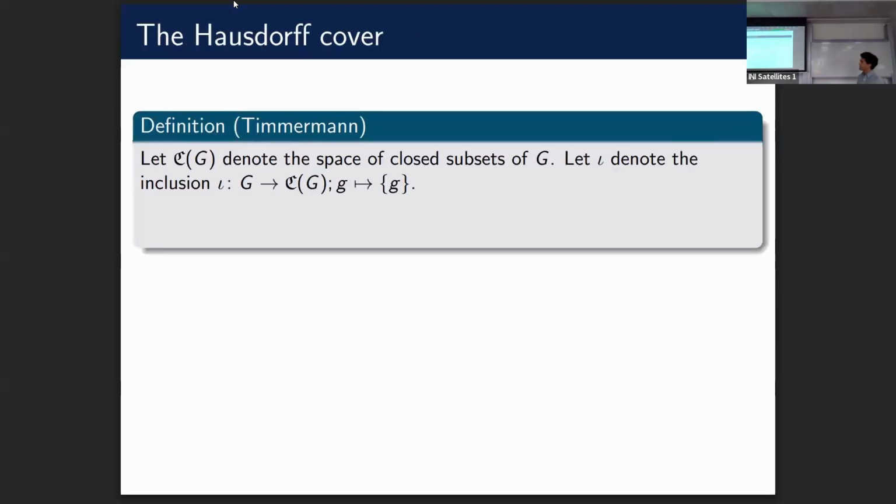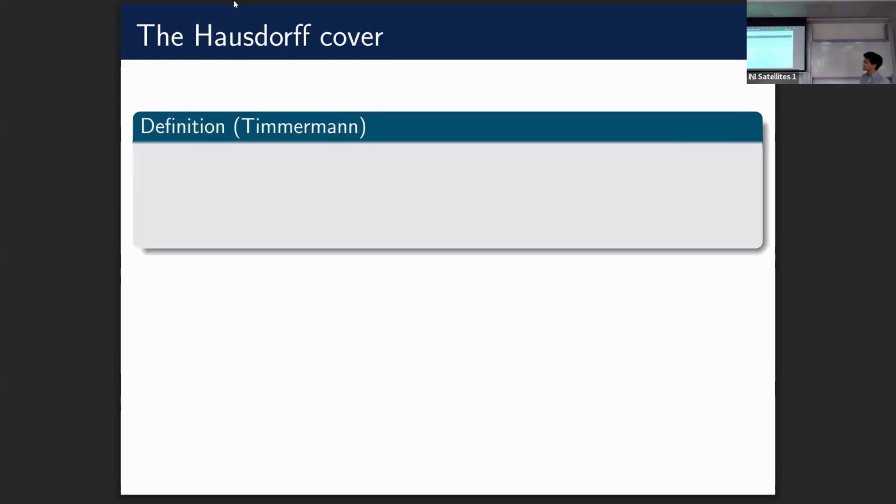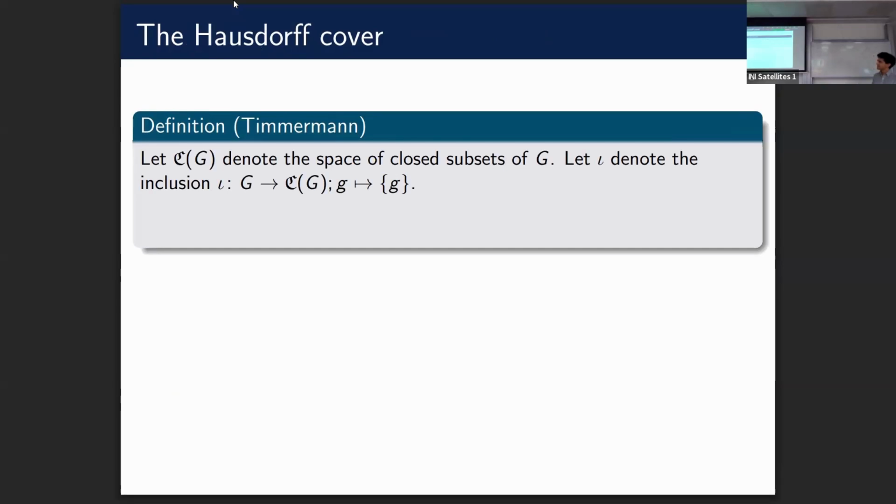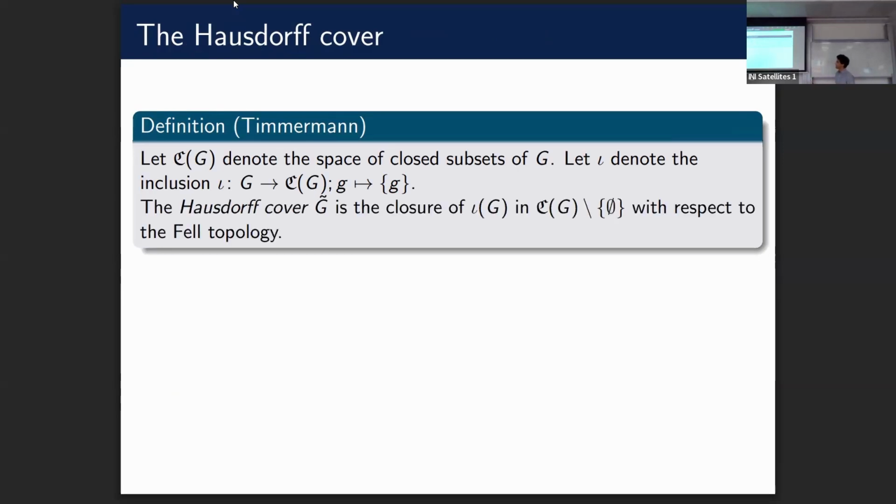So here's the main tool we'll be using today, the so-called Hausdorff cover groupoid. Here CG denotes the space of all closed subsets of G, and I can include G into this space just by sending G to singletons.